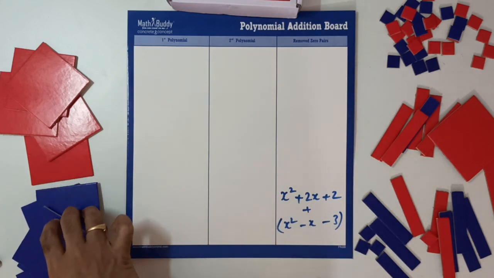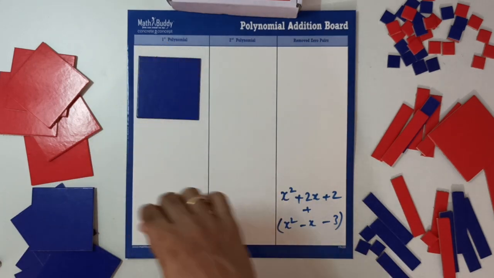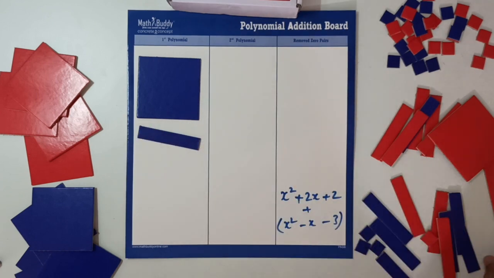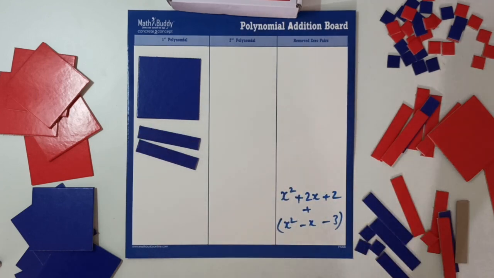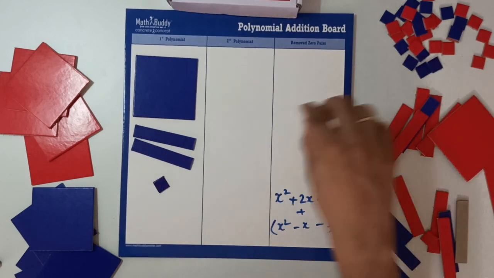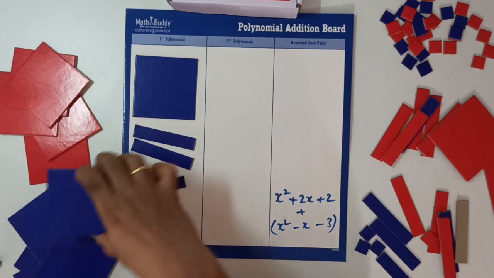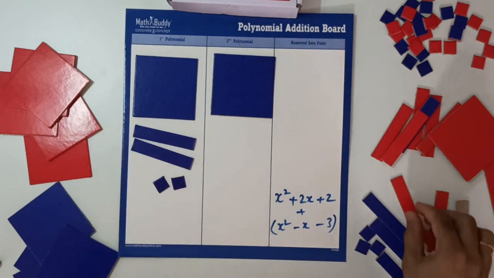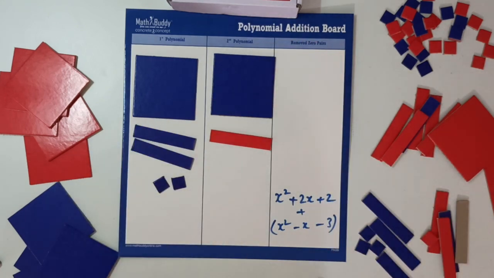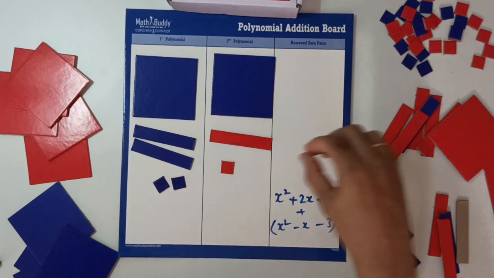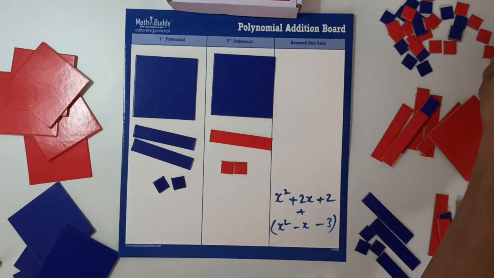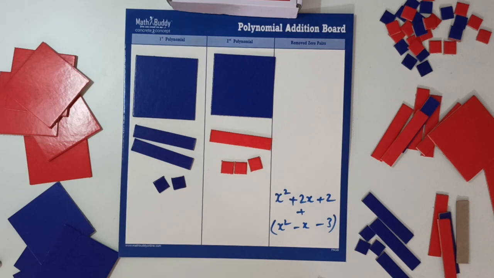We take an x square, plus 2x, so two of these x's, plus 2, so two of these units. Now the second one is x square minus x minus 3. So you place an x square here, then minus x, that's a red one, and minus 3 is 3 of these red unit tiles. Right?